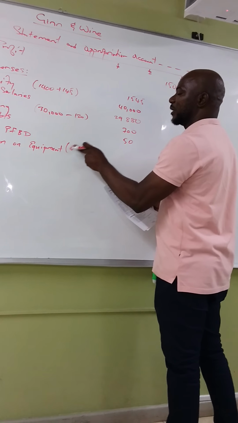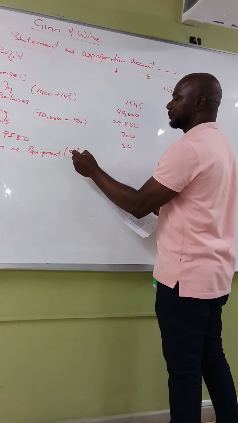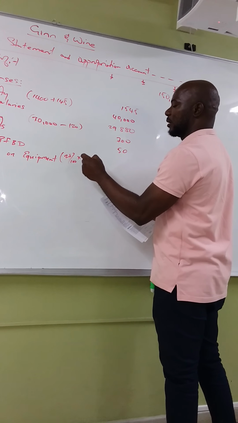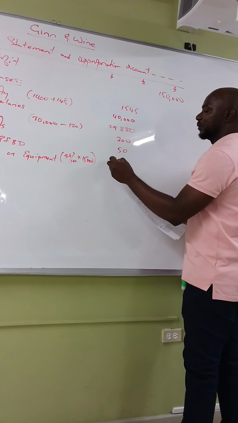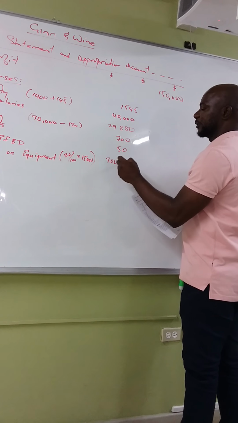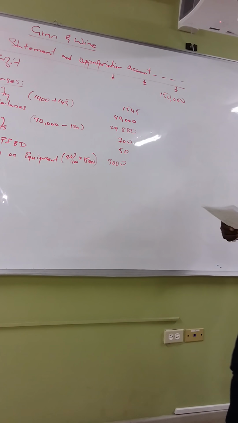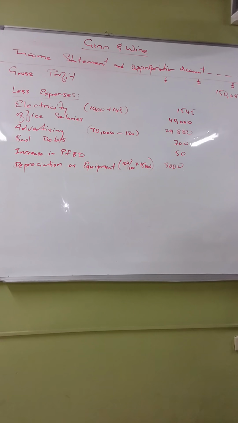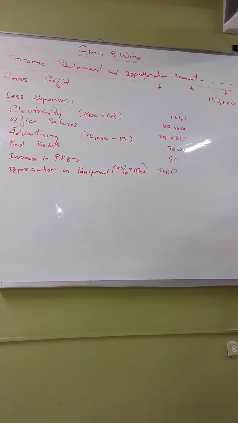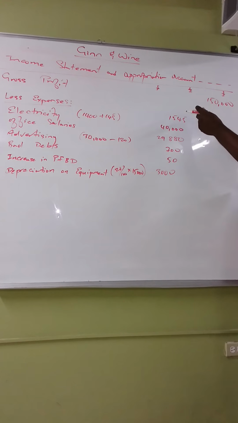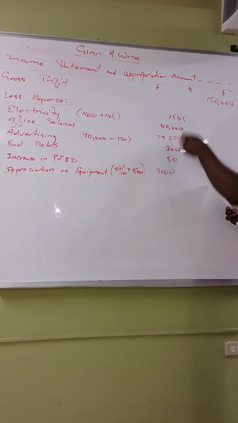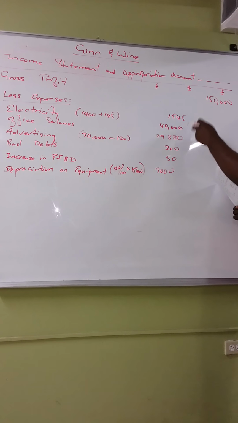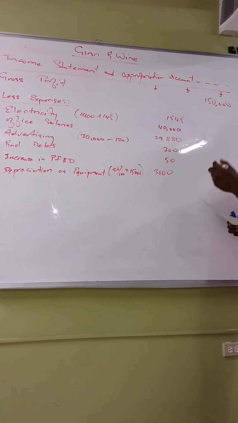So if you find 20% of 15,000, you'll get 3,000. Now from there, we can total the expense that we have because there were no other expenses.